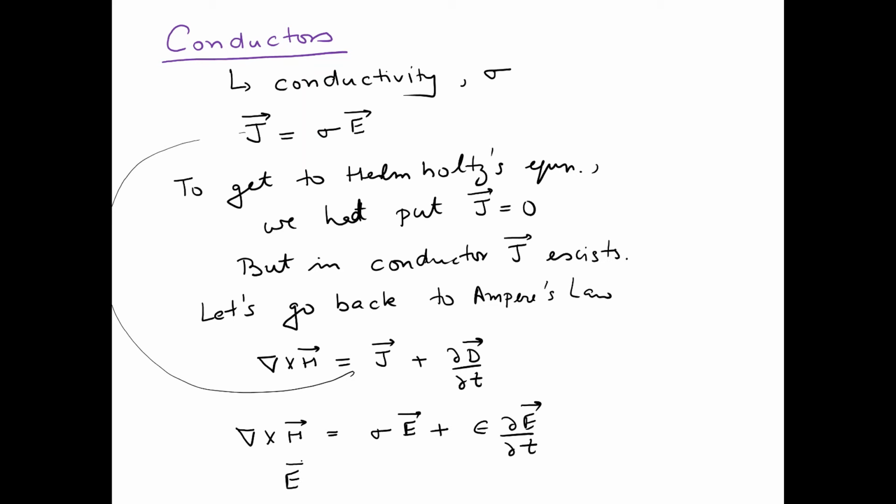If I put E as E(x, y, z) e^(j omega t), I can write this equation now as del cross H is equal to sigma E, only in space now, plus j omega epsilon E.